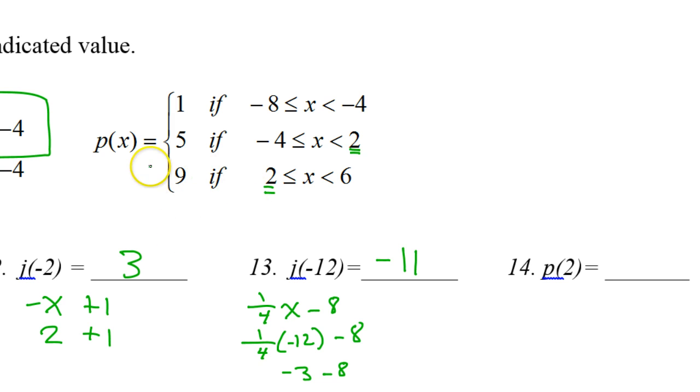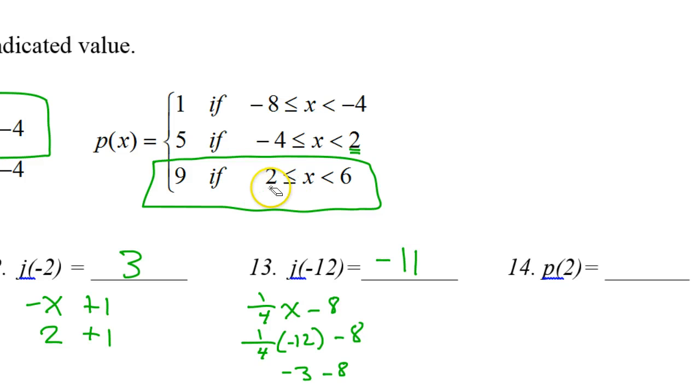I'm going to use the bottom piece this time. All right, because the question says 2 is less than or equal to x. Well, 2 equals 2. So that's why we're using the bottom function. And because it's just a constant, the answer will automatically be 9.